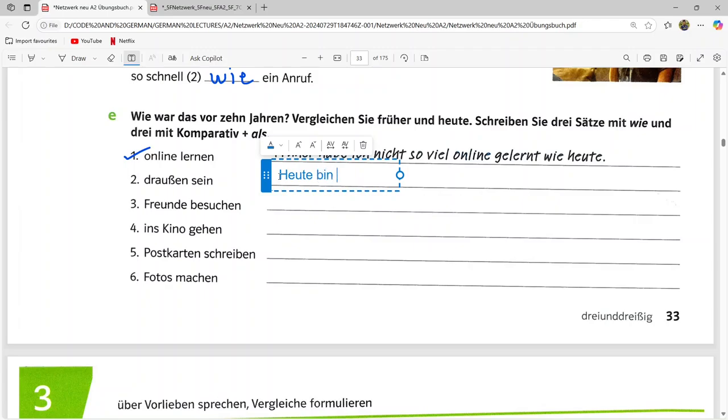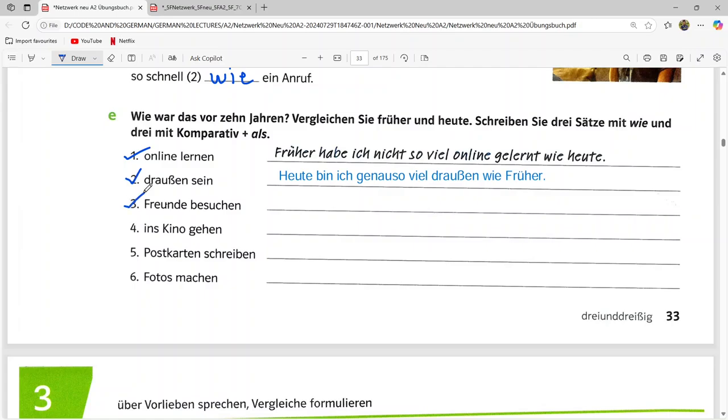So heute bin ich, I like to be outside and now I also like to be outside. So genauso viel draußen wie früher. Okay, so today I like to be outside as in the old days. Okay, so this one is done.